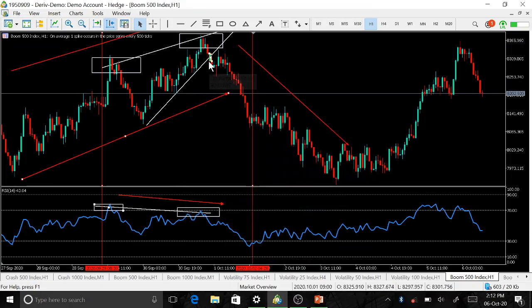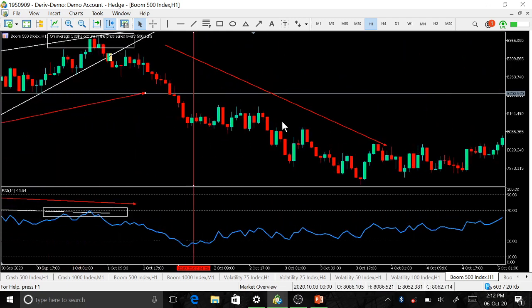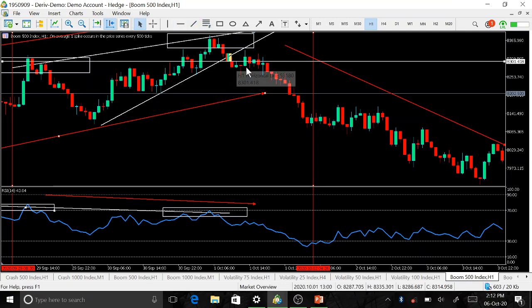Okay, so you can see that that candle actually broke my trend line. So immediately I spotted a break or my trend line has been violated, then I'm going to take an entry on the next candle after the candle that broke my trend line. All right, so my entry now is going to be on the next candle somewhere here. I'm going to take an entry here. Then where is my stop loss going to be?